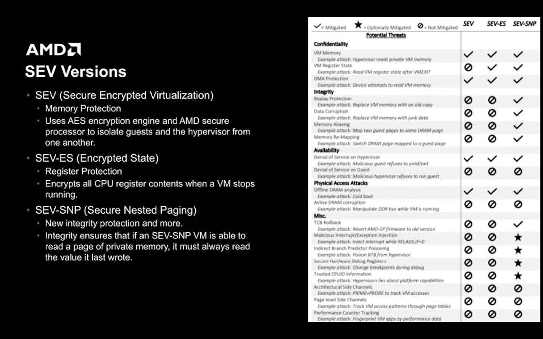And then our latest iteration is SEV-SNP. SNP stands for Secure Nested Paging, and it builds upon SEV and SEV-ES to provide stronger protection and more flexibility. SEV-SNP enables integrity protection for memory through the basic principle that if a virtual machine is able to read an encrypted page of memory, it should always be able to read the value it last wrote.